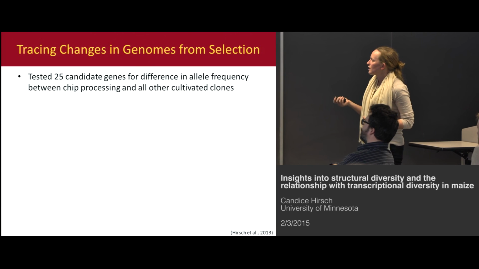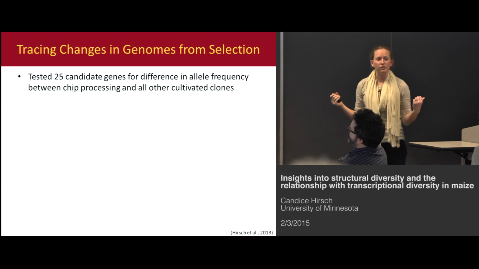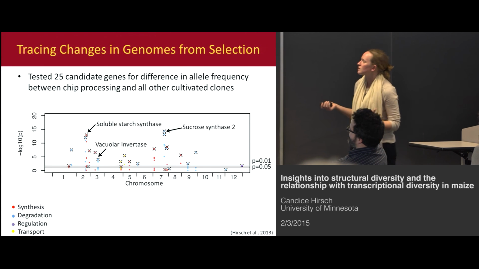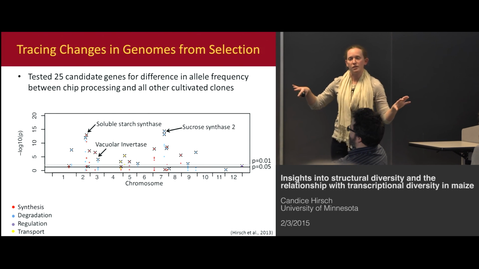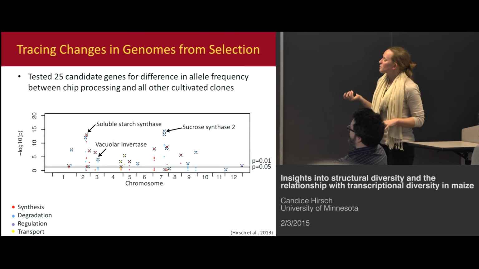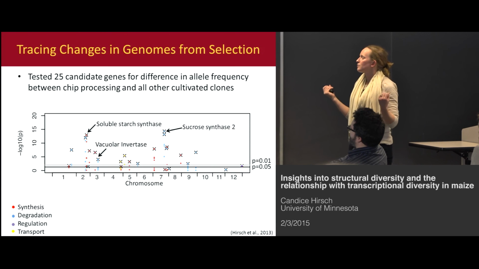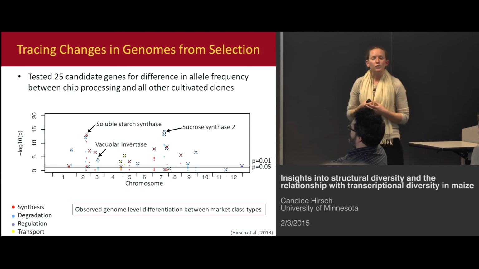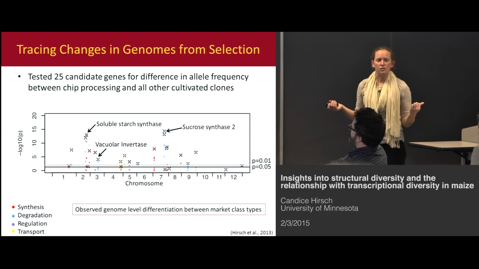And when we look at 25 candidate genes and we look at how breeding has driven allele frequencies in opposite directions, if we look between chip processing types and all other types of germplasm, what we see is that for many of these candidate genes that are involved in starch synthesis and degradation and whatnot, that we see this massive drive to divergence in allele frequencies. So just like we saw in maize, through breeding we're seeing really significant changes in allele frequencies between these different groups.